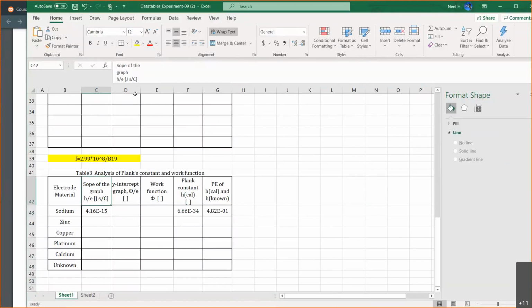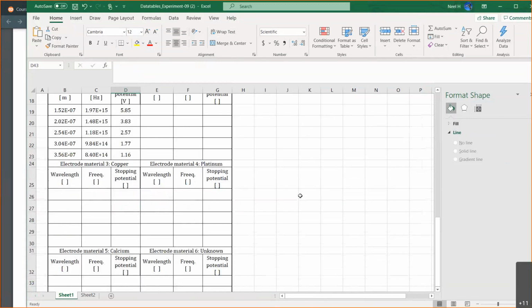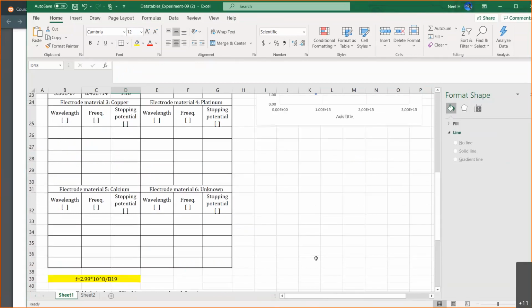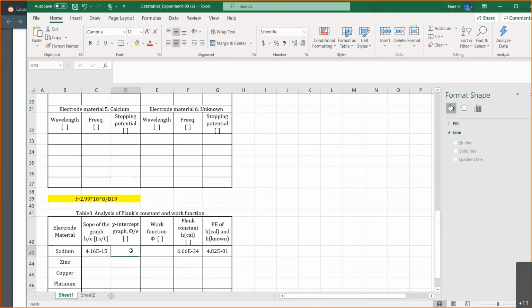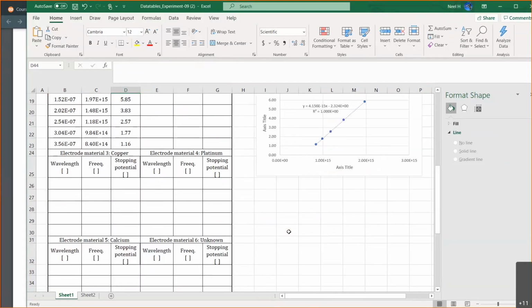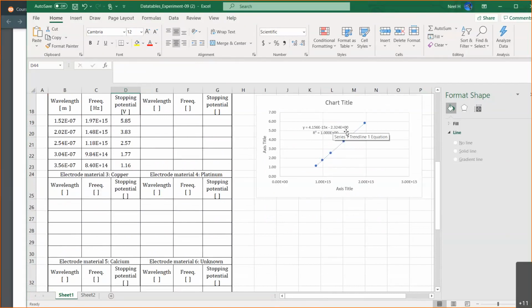And let's check this with the y-intercept to get the work function. The y-intercept value right here, what we get is 2.324 e to the 0, in your graph right here, the intercept value.